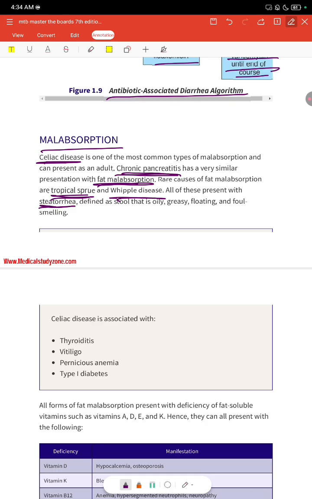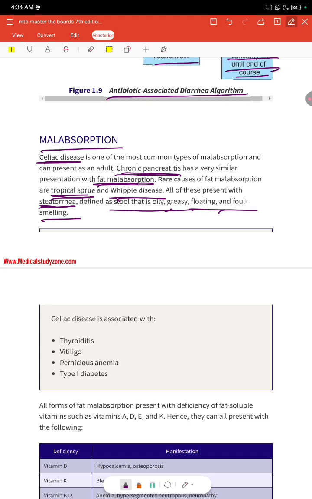Steatorrhea is basically an oily, greasy stool due to high levels of fat in the stool. It's defined as stool that is oily, greasy, floating, and foul smelling, and it is associated with all kinds of malabsorption.